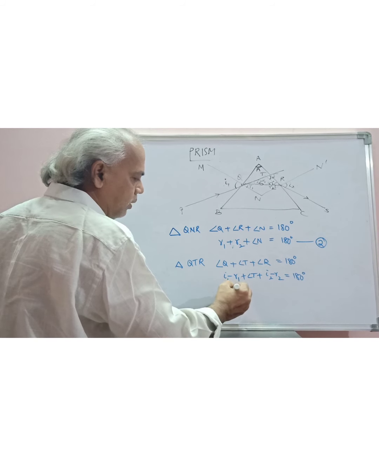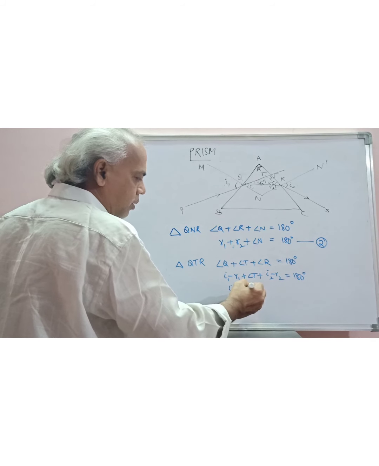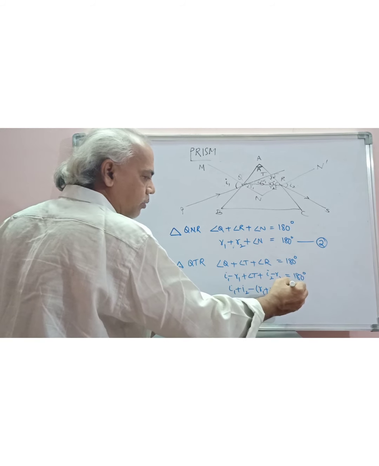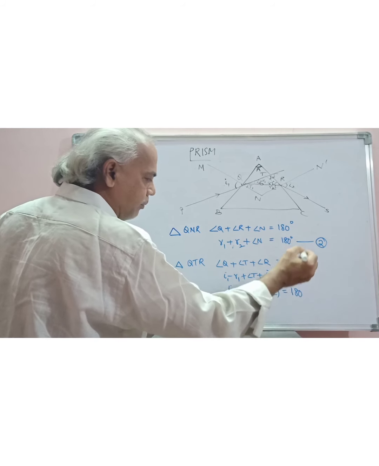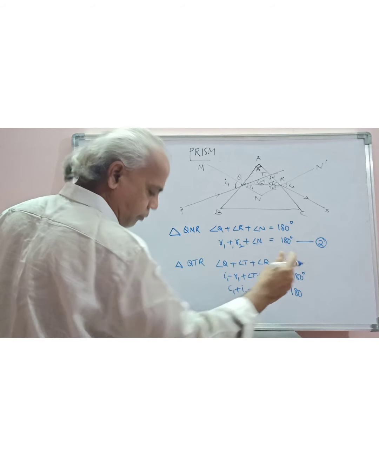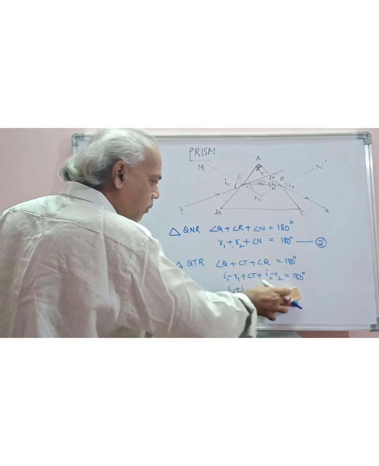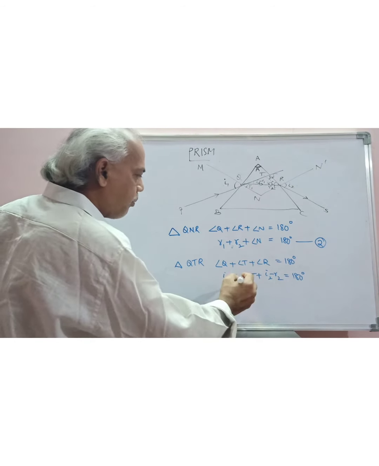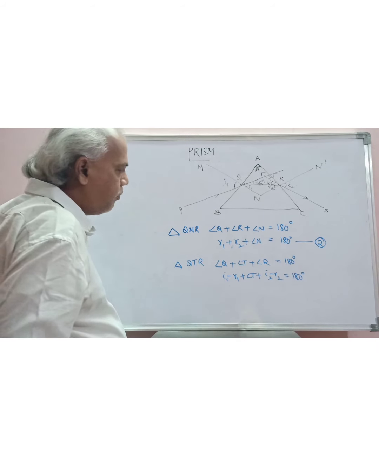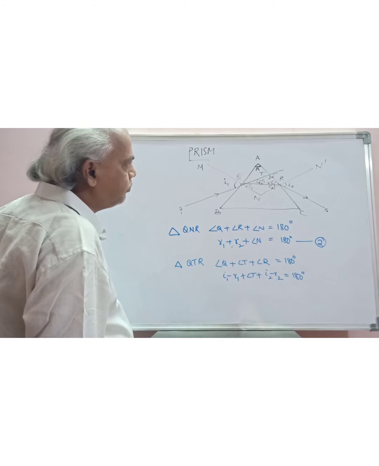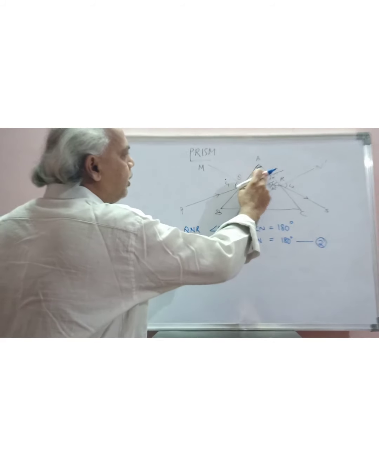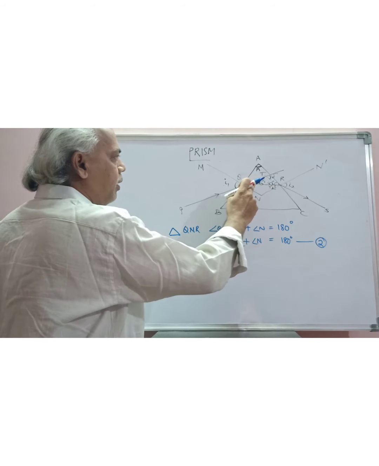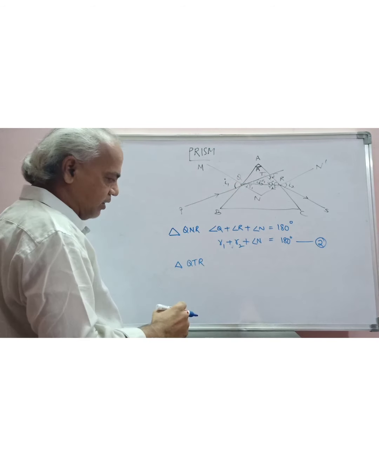So I1 plus I2 minus R1 plus R2 is equal to the angle of deviation.